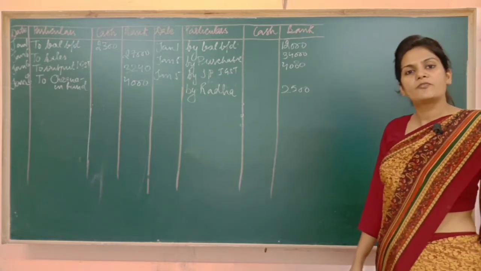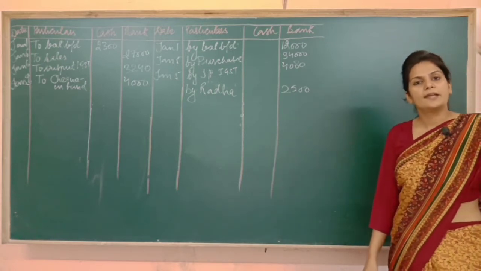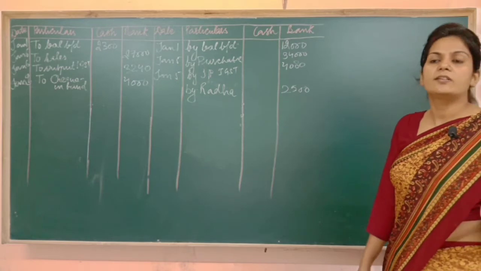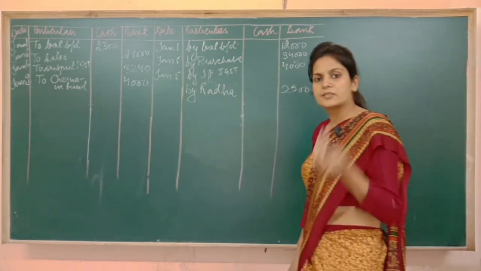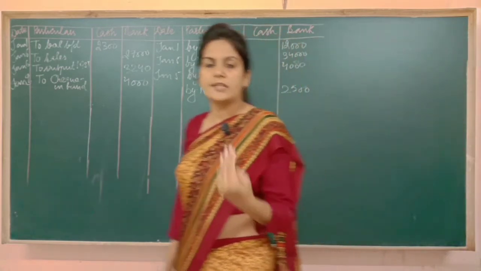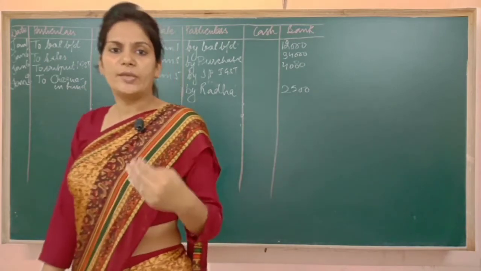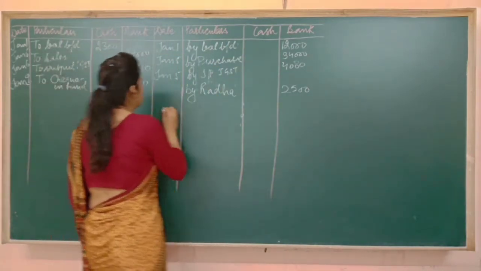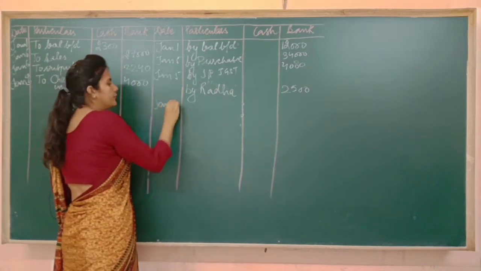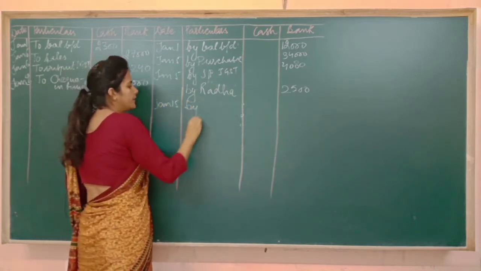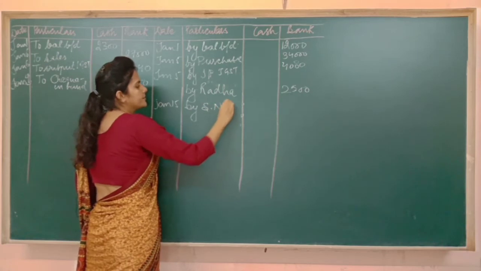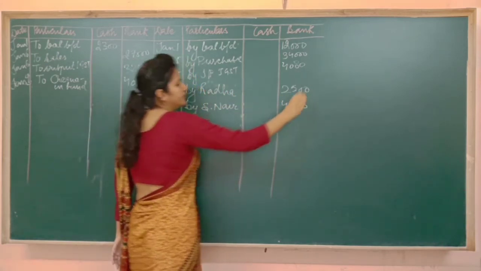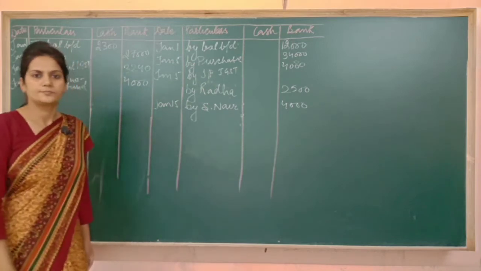In the event of dishonor of the check, the entries get reversed. If the entry of receiving the check from S. Nair is bank to S. Nair, then the entry for dishonor would be S. Nair to bank. So here you are going to write on January 15 by S. Nair, bank will be credited with rupees 4000.